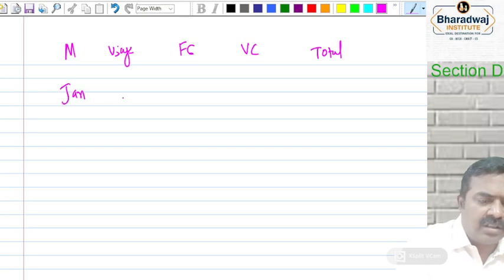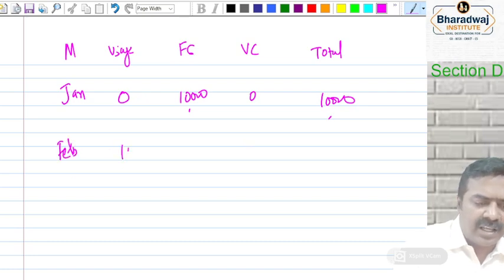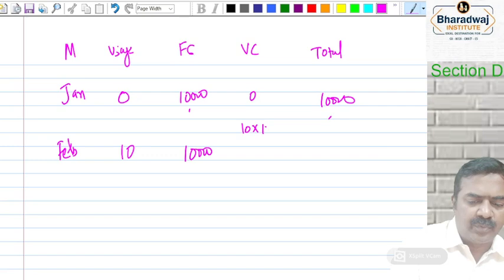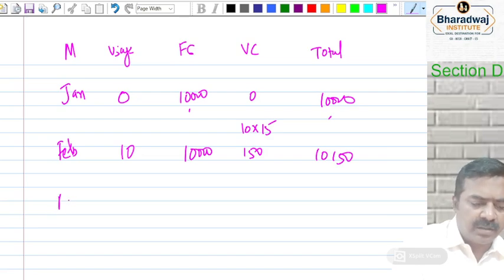In January, there was zero production. Fixed I have to pay 10,000. Variable cost will be zero. Total will be 10,000. In February, I just used 10 units. I have to pay 10,000, plus 10 into 15 rupees, like 150. In March, let us assume I used 1,000 units.